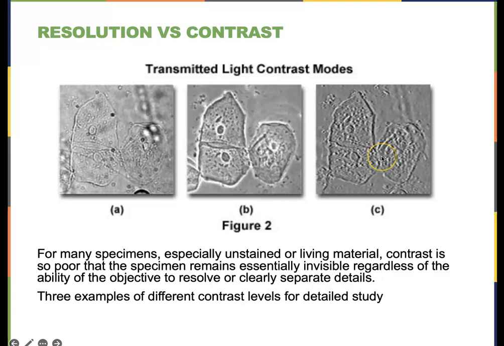And this is a different form of contrast, basically just different ways that we can look at cells. There's phase contrast microscopy where you can really play with the contrast. So resolution is how clear it is, and contrast is how the dark and light portions of the image could become outstanding. And I think everybody that has a phone and takes pictures, plays with this stuff, and understands probably what contrast is.